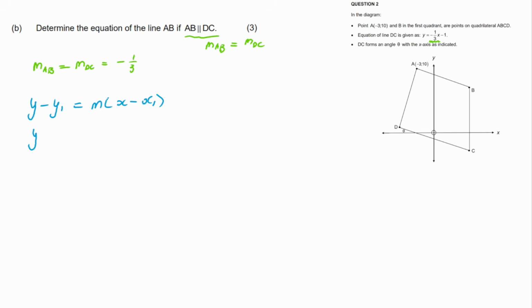We need to substitute a point on the line AB, and we have this point over here for A. So y minus 10 is equal to minus 1 over 3, and we put our x, and now x minus negative 3, so that becomes a positive. When we solve for this, we get minus 1 over 3x, and this will become minus 1, plus 10, so this will be our final answer.